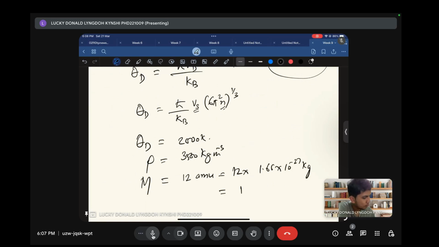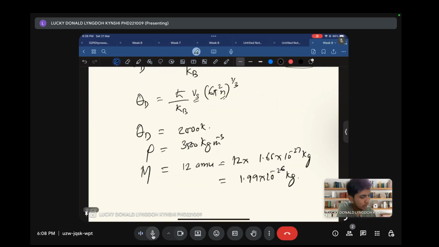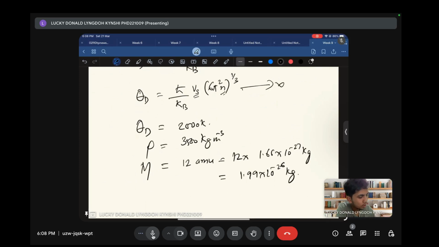So you will get 1.99 into 10 to the power minus 26 kg. I have inserted the values of the Debye temperature, density, and atomic mass. You know h cross, you know kB, and theta D, and you need to know the value of n.